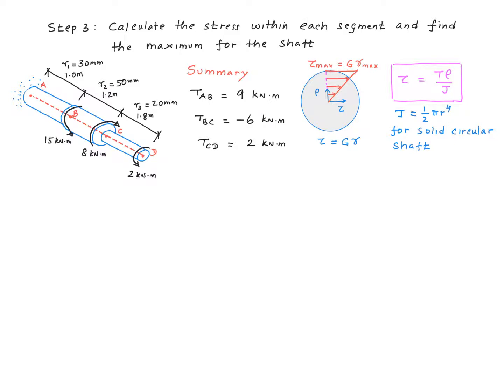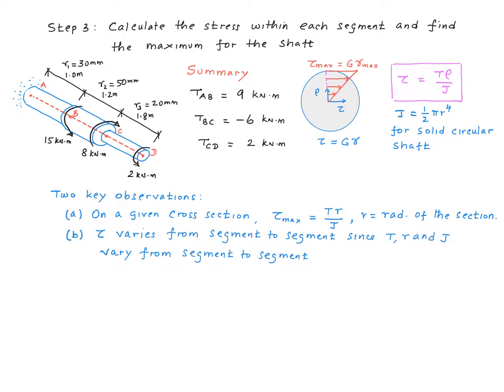We can calculate its value using this torsion formula, which says tau equals T rho over J, where T is the torque, rho is the radius, J is the polar moment of inertia, which is given by this equation for a solid circle, right? Half times pi times r to the power of 4.